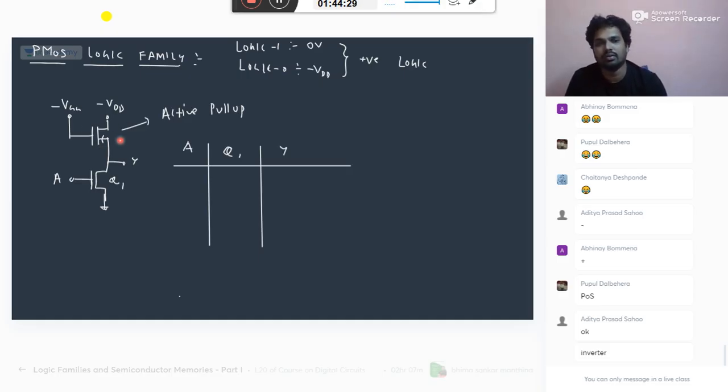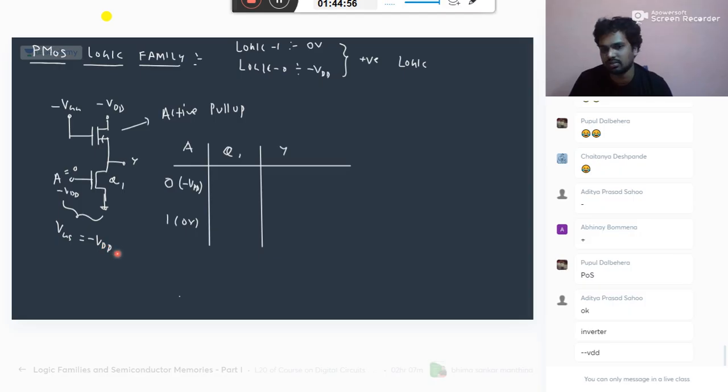Now when A is 0, 0 means how much here? Minus VDD. When A is 1, 1 means how much here? 0 volts. So when A is 0, it is minus VDD. What is the gate to source voltage? Tell me. Minus VDD.